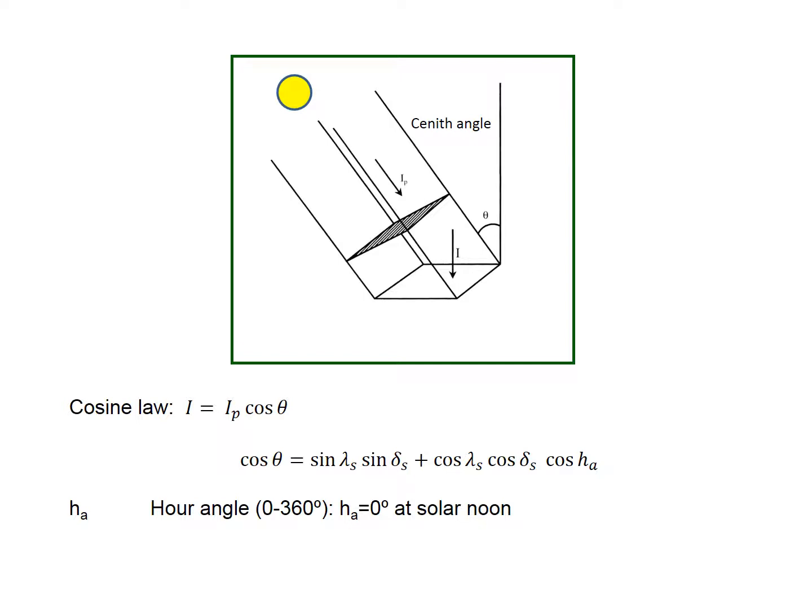And the cosine of the zenith angle can be calculated using this equation, where we have a function of lambda sub s, which is the latitude, delta sub s, which is the solar declination, and h sub a, which is the solar angle, that changes throughout the 24-hour period, being 0 at solar noon.